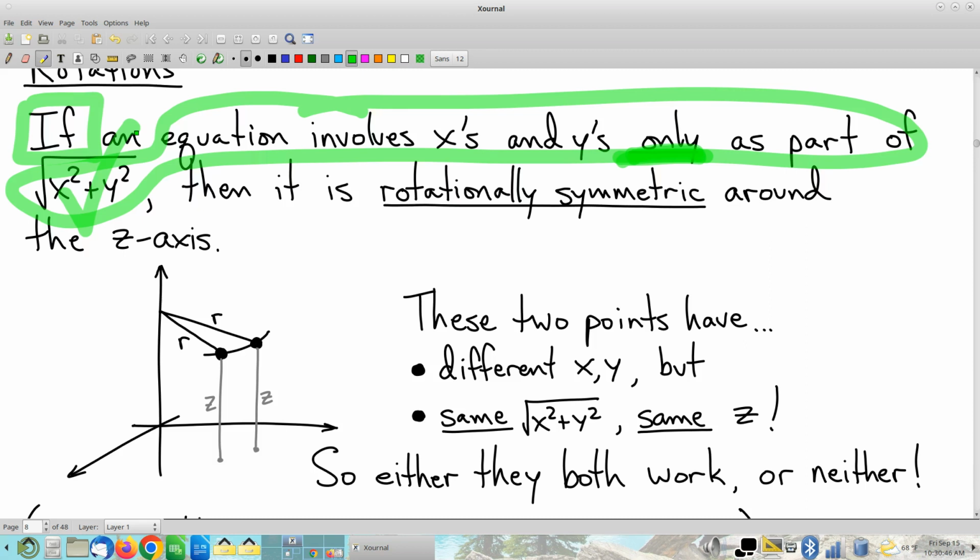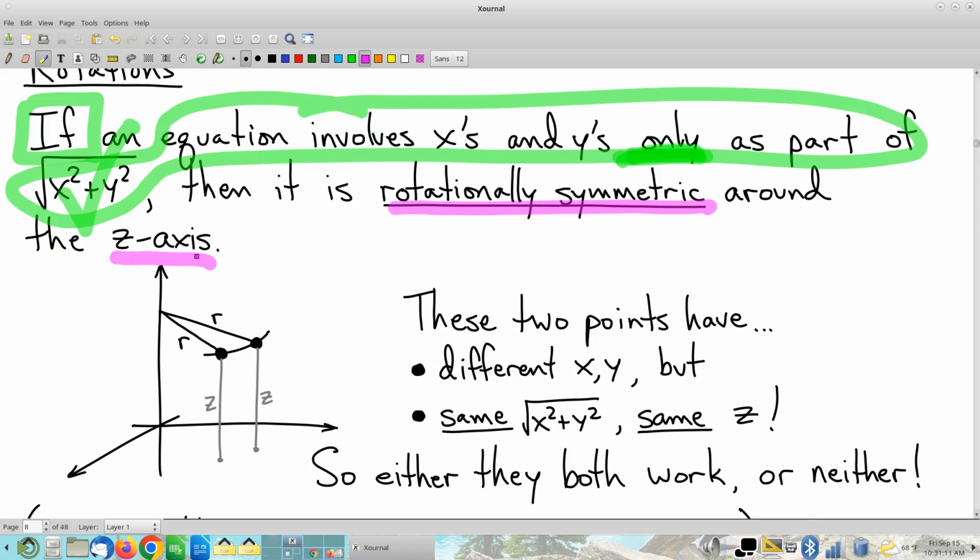So again, you see that's not every equation, right? There's plenty of equations that don't fit that rule. But the nice punchline, very powerful punchline, is that your surface is rotationally symmetric around the z-axis. And I love this little result because the condition you have to check is basically an eyeball glance.